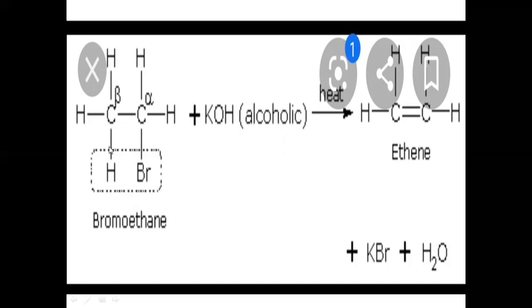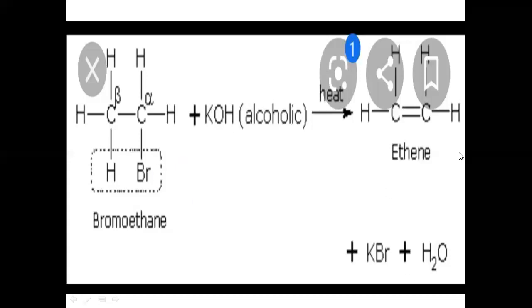So you can see that hydrogen from one carbon atom and bromine from the second carbon atom are eliminated in the form of HBr, but that HBr then reacts with the potassium hydroxide: K with bromine gives KBr, potassium bromide, and OH with hydrogen forms water.